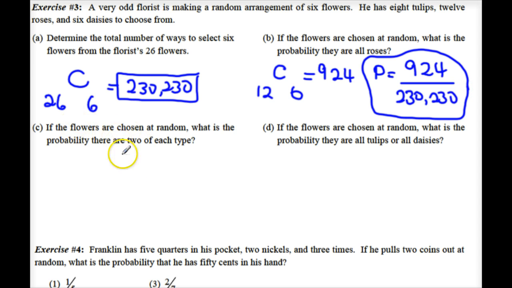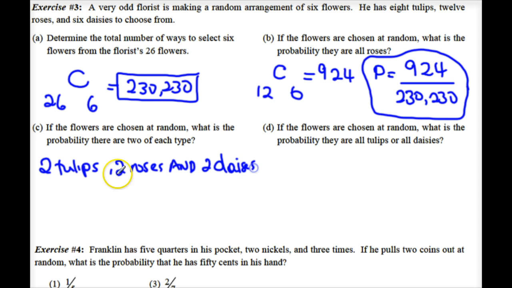Now it says, if the flowers are chosen at random, what is the probability that there are 2 of each? So I've got to get 2 tulips, 2 roses, and 2 daisies. Tulips, we have 8, so we need 8 choose 2. And remember, and means we multiply.